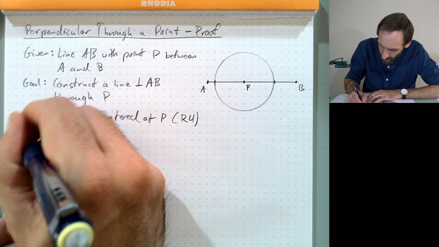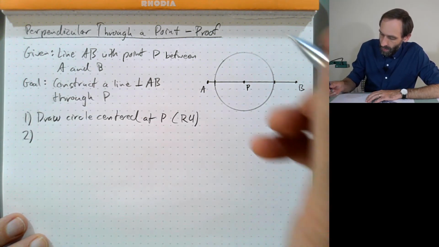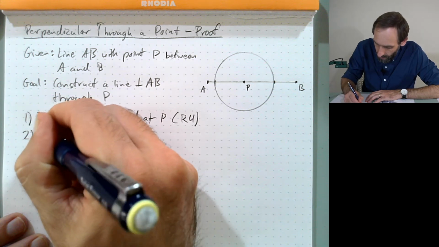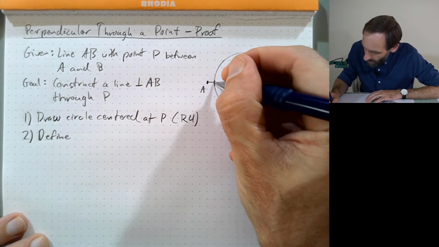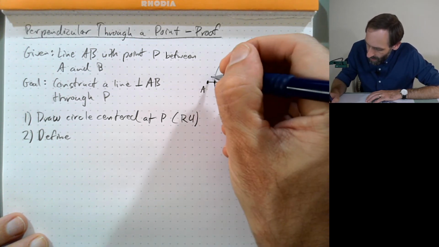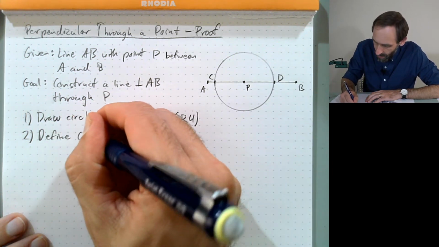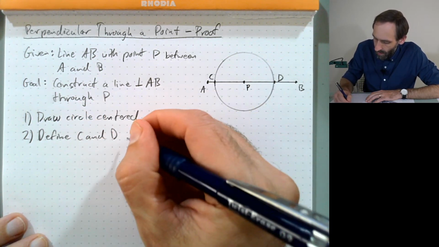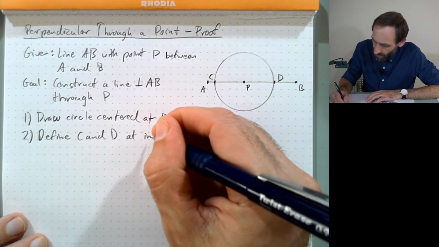All right, step 2. We'll define 2 more points, here and here, and we'll call them C and D. Find C and D at the intersection points.